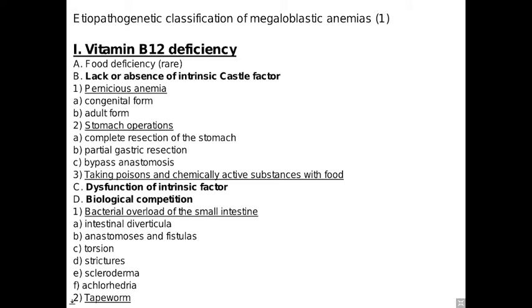Megaloblastic anemias, depending on the predominant cause, can be associated with B12 deficiency, first of all, the most frequent cause.